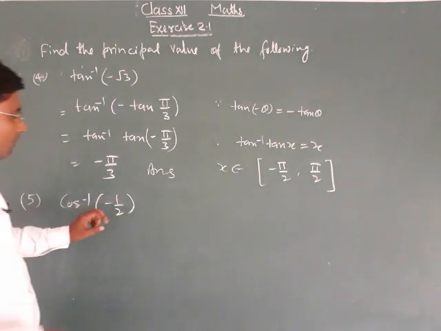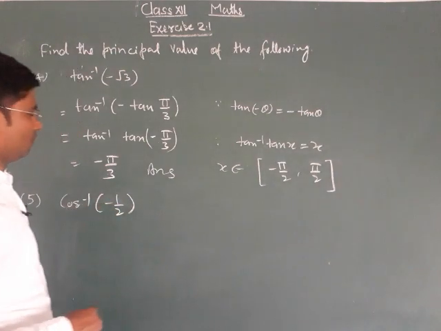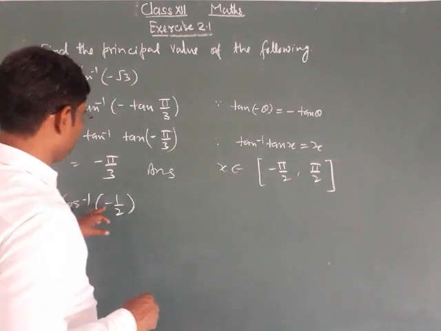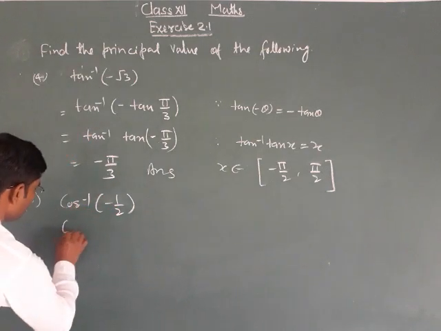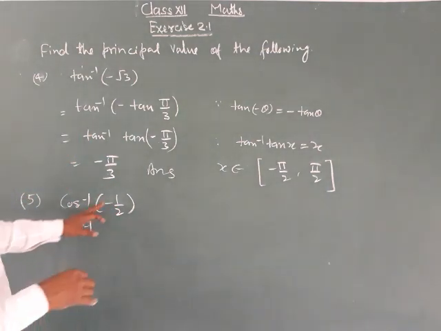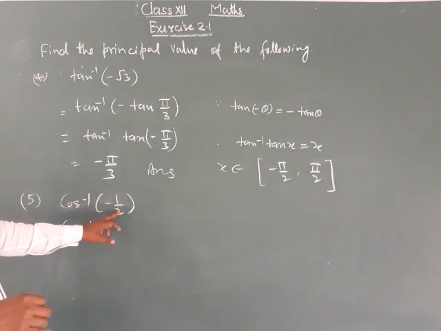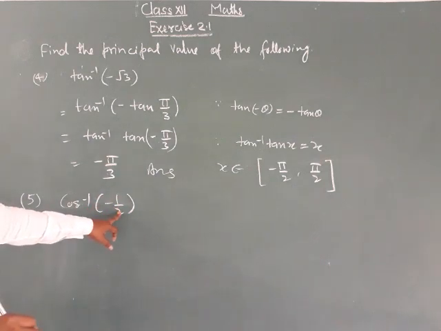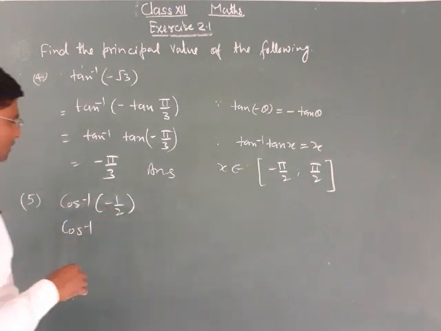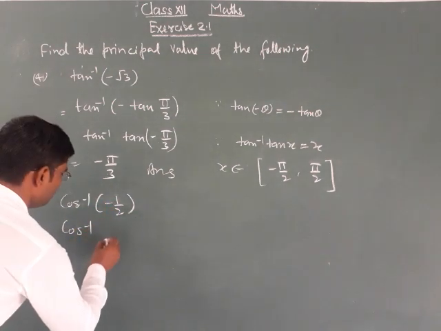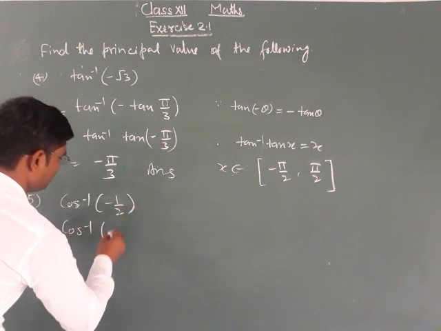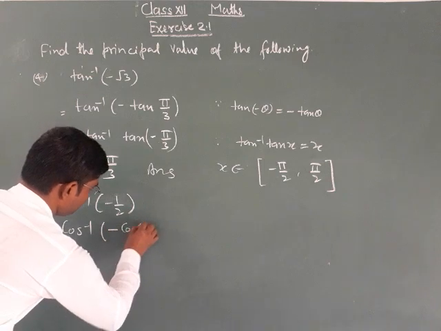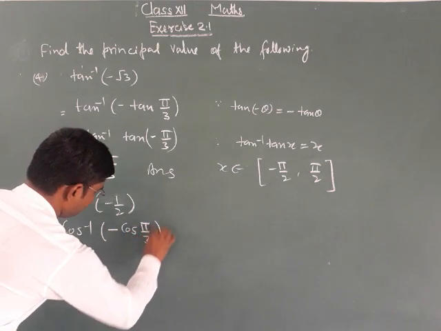Here the value of 1 by 2 is cos 60, which is pi by 3, so we have cos inverse of minus cos pi by 3.